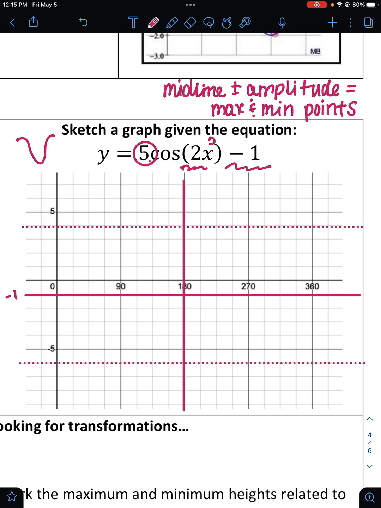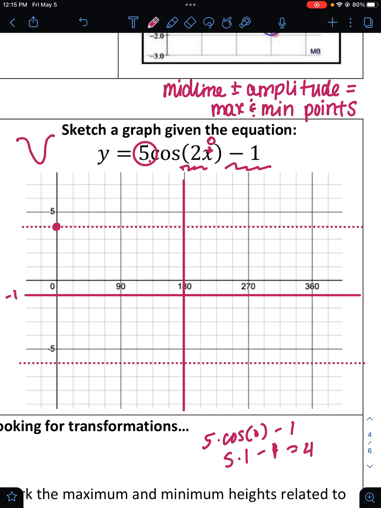So if we plug in 0 here, just to make sure we're doing everything correctly, we get 5 times the cosine of 0 minus 1. The cosine at 0 is 1. So 5 times 1 minus 1 is equal to 4. So 0, 4. Just showing you how you can check if you're not sure.